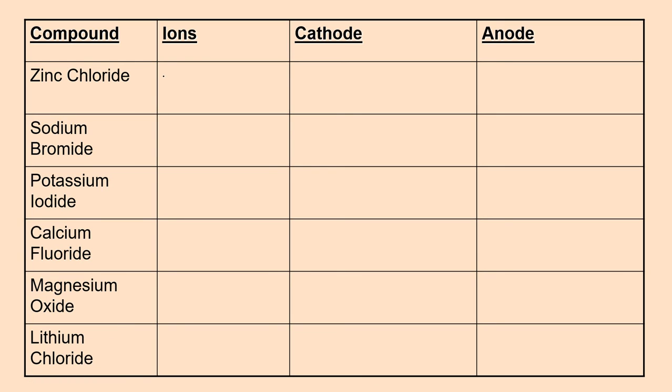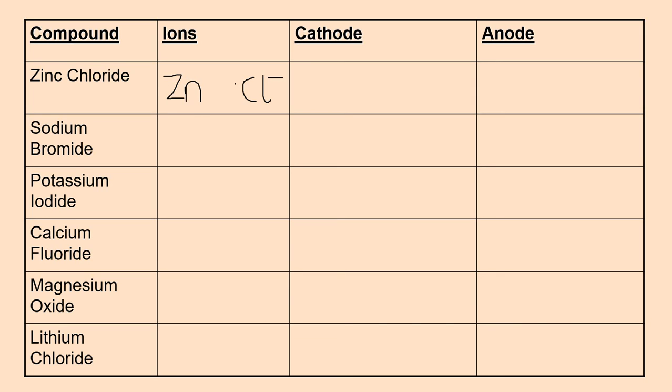So, zinc chloride. So we're going to have Zn, and we're going to have Cl. Now, chloride or chlorine is in group 7, so it needs to gain 1 electron to have a full outer shell, so its charge will be negative.